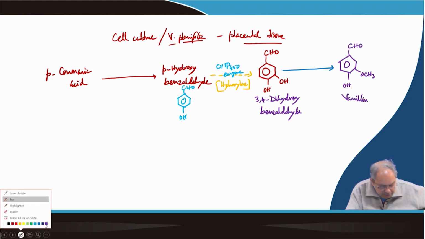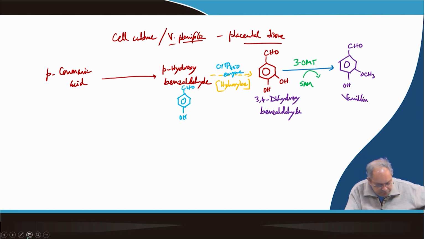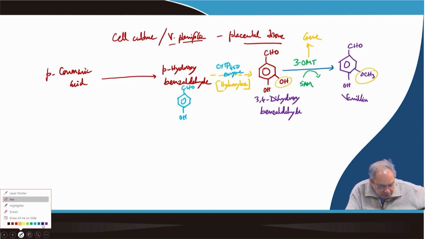So, the enzyme is 3-O-methyl transferase. That means it requires a SAM. So, here the hydroxyl is replaced with the methoxy, and that is possible. This was characterized at the gene level. The gene was basically isolated and characterized.